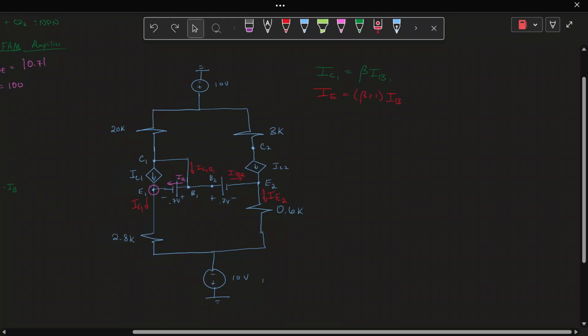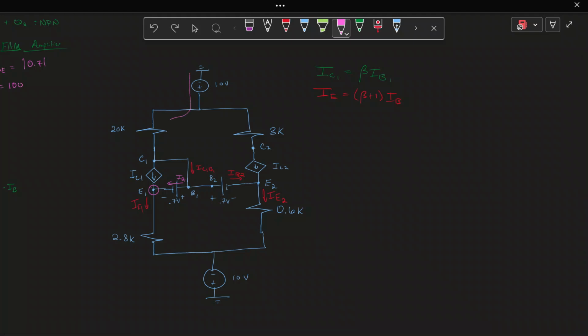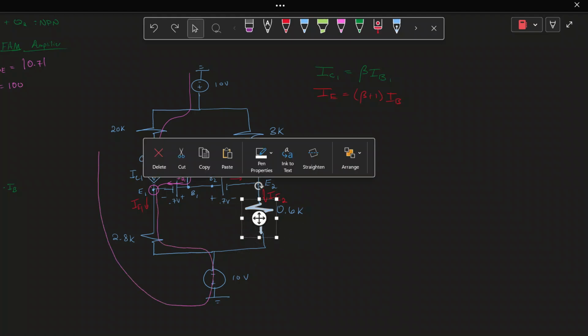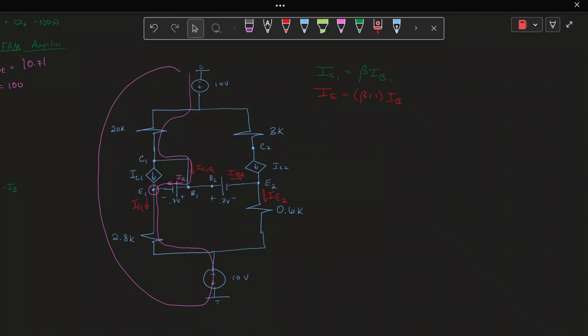So what we'll need to do now is, if we have a loop here, what can we do? Well, we can ignore that dependent current source. And then we go all the way back up, right? So we've ignored that dependent current source, and now we can find the voltages across everything else.